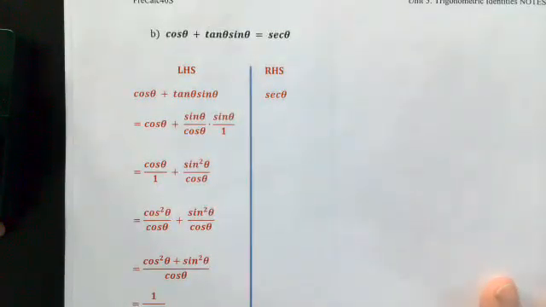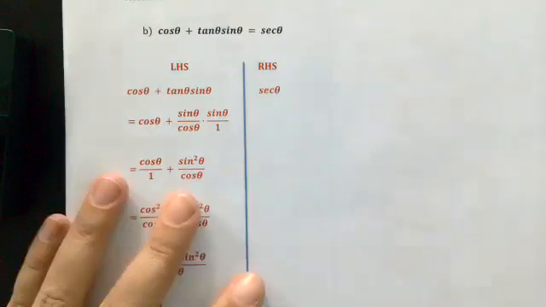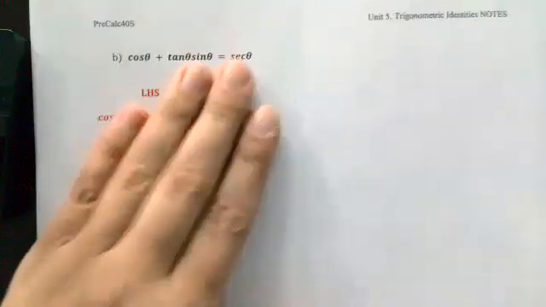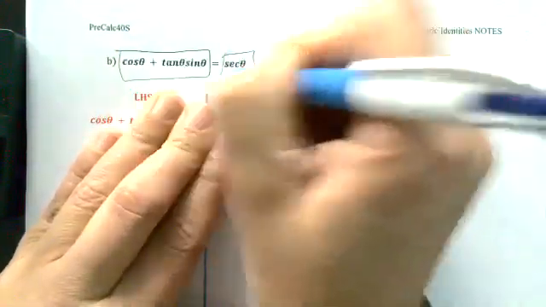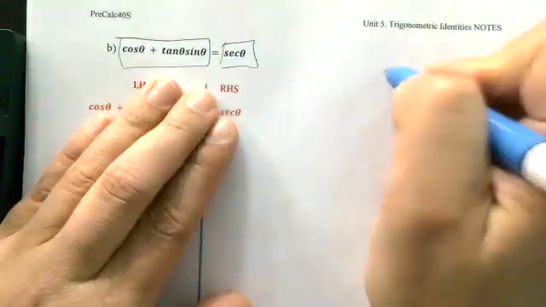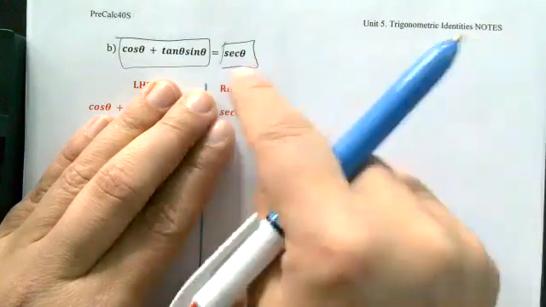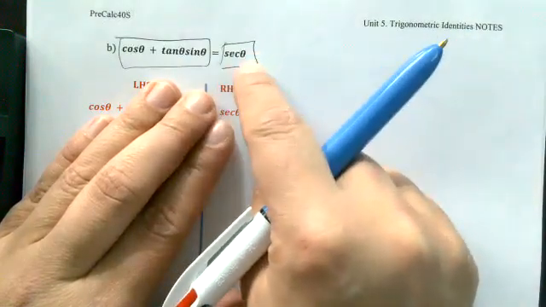So cosine of theta plus tangent of theta times sine of theta equals secant of theta. This time we have two sides, not just one side and then the other one a number. I always leave less room for the one that I don't think I'm going to work much on.